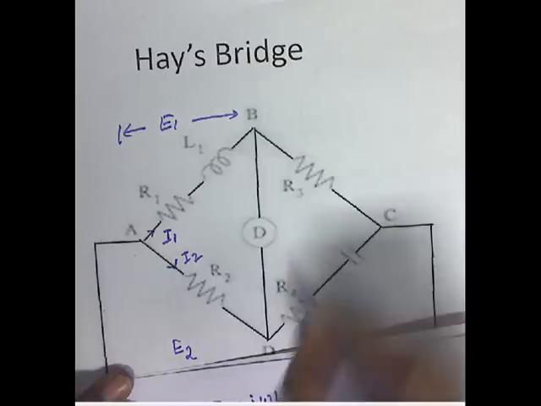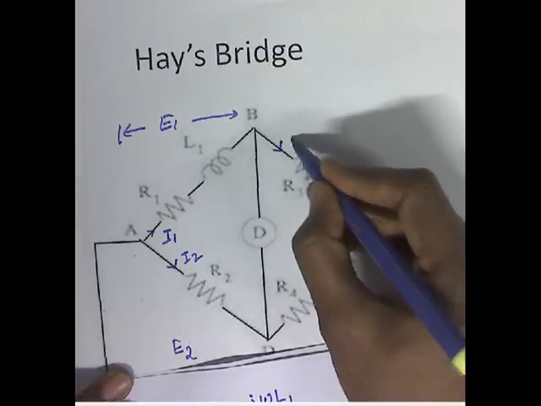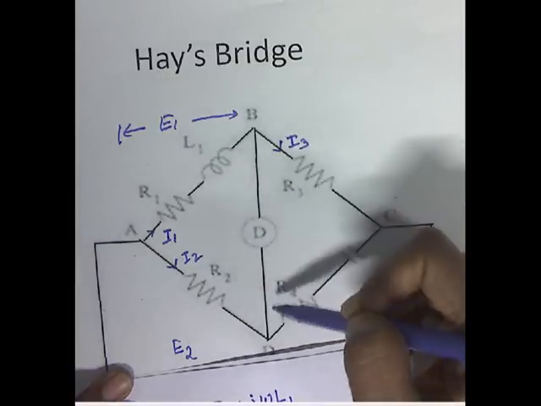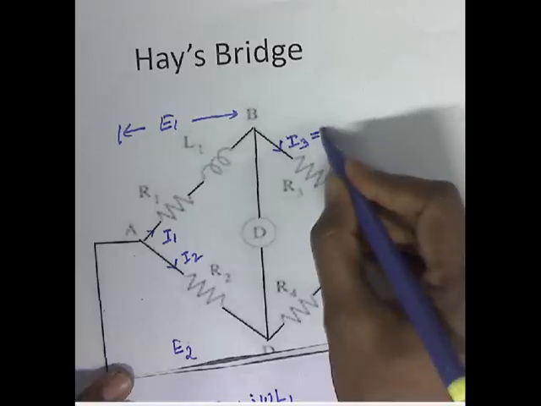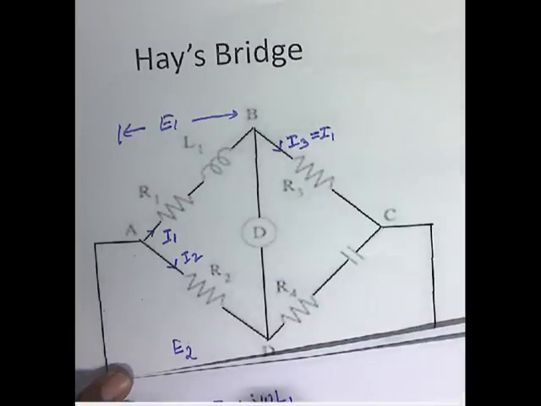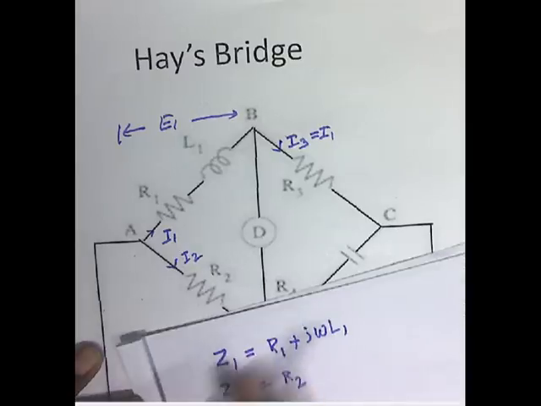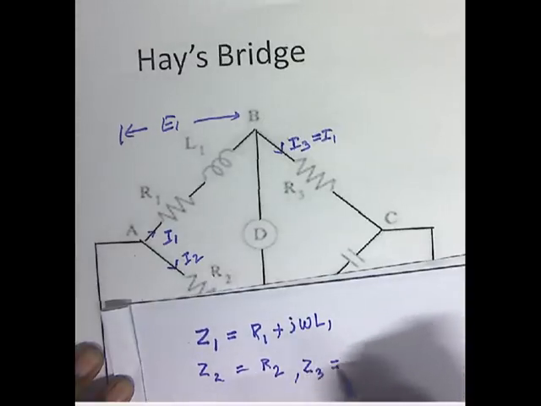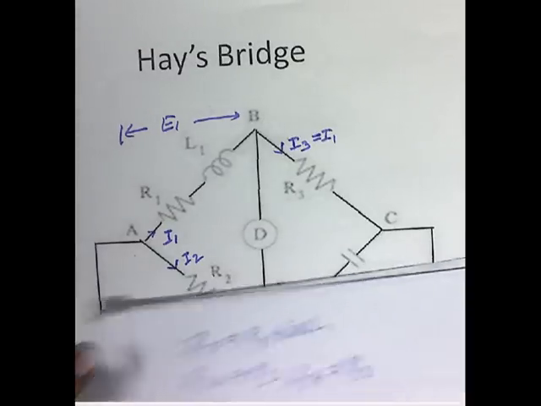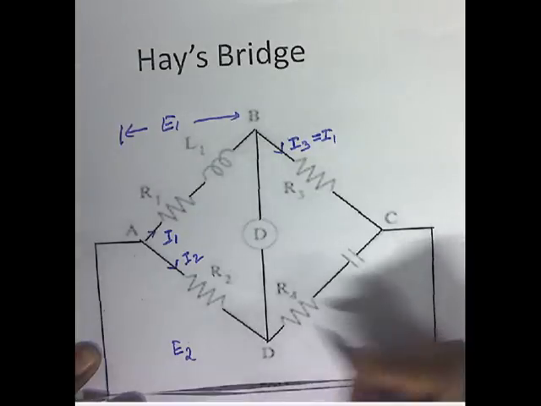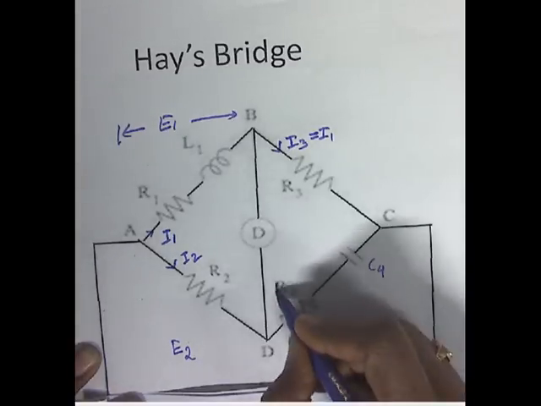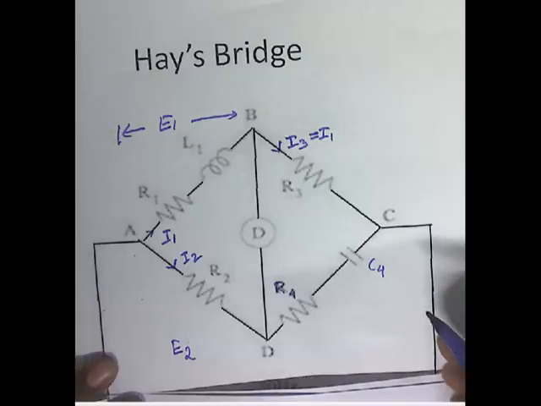Now this is I3. At balance condition no current is flowing, so naturally I3 is equal to I1. Z2 is equal to R2. Z3 is equal to R3. In Z4 we have one capacitor C4 and one resistor R4 connected in series.